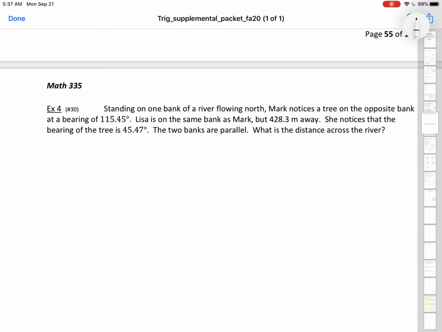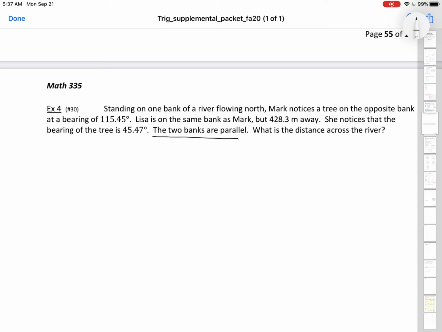She notices that a bearing of the tree is 45 degrees 47 minutes. All right, so we've got a lot of ideas to look at. The one thing that they tell us that's interesting is that the two banks are parallel. What's the distance across the river?